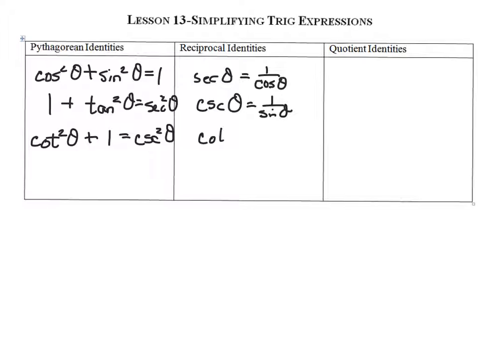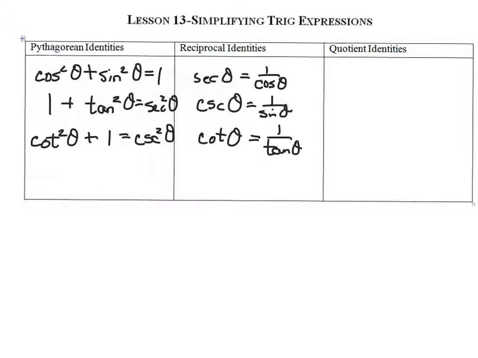And the cotangent of theta is the reciprocal of tangent, so that's going to be 1 over tangent of theta. Now technically all of these are reciprocals of each other, so for example tangent is also equal to 1 over cotangent. Sine is also equal to 1 over cosecant, and cosine is also equal to 1 over secant.